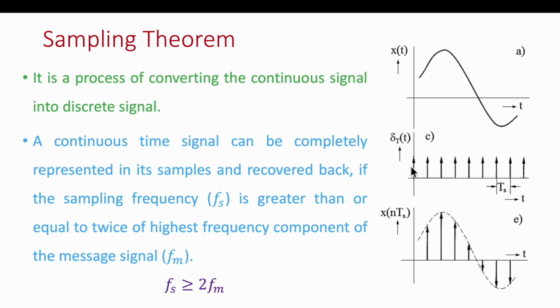You can represent the pulse train using this signal, where Ts is the time duration between two samples. So fs is equal to 1 divided by Ts. If you multiply the pulse train with this continuous signal, you will end up with the discrete time signal. There, x of n multiplied by Ts will give you the value of the sample at a particular time.